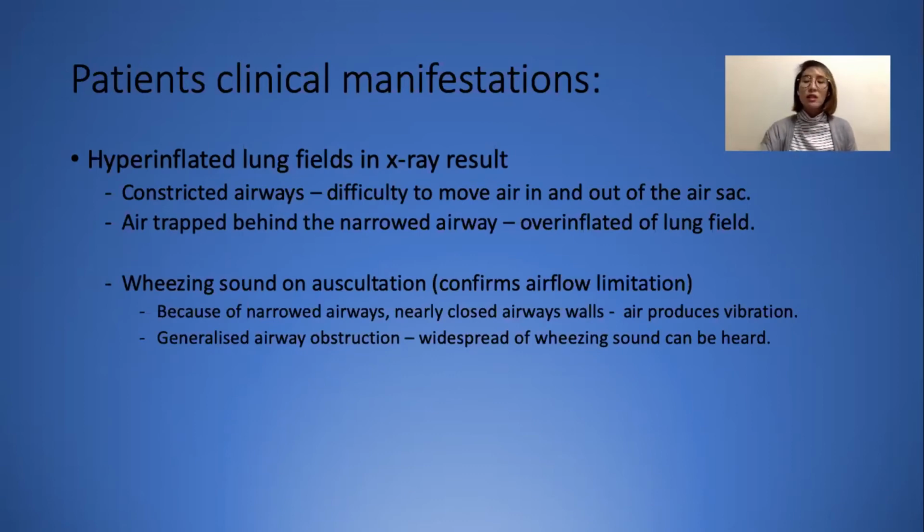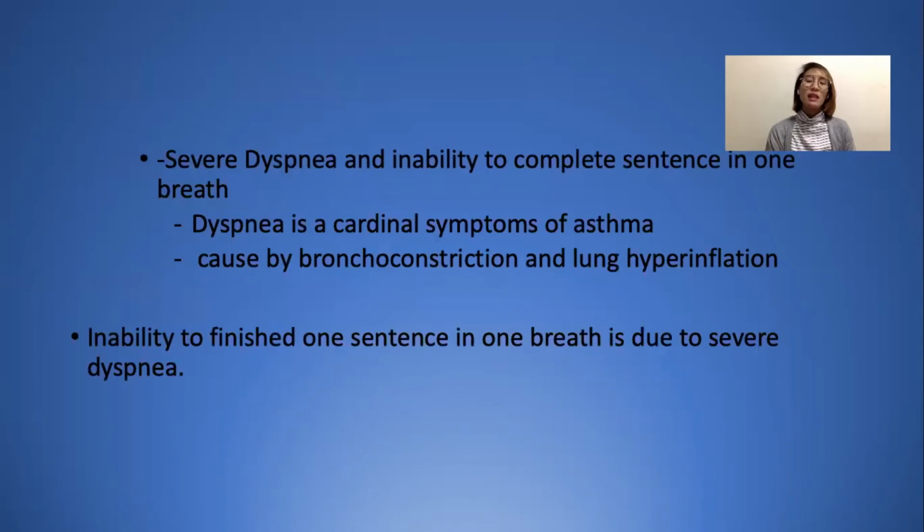So on to the next clinical manifestation. The cardinal symptom of asthma is difficulty of breathing, called dyspnea. Mr. Smith's severe dyspnea is caused by bronchoconstriction and lung hyperinflation, as there is an airflow limitation. When airways are narrow, the patient tends to increase effort to breathe with unsatisfied inspiration.